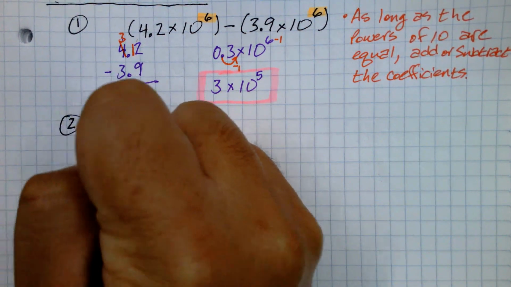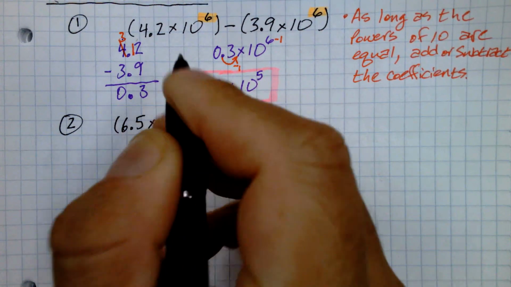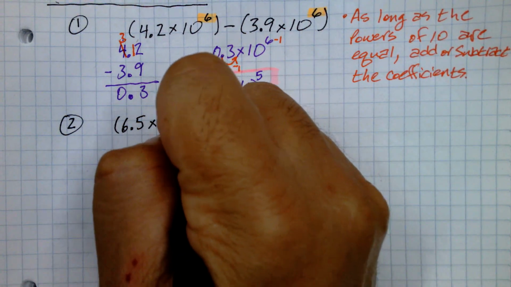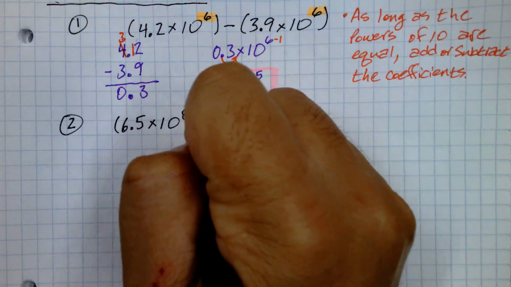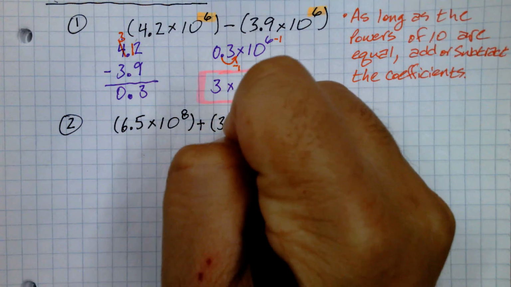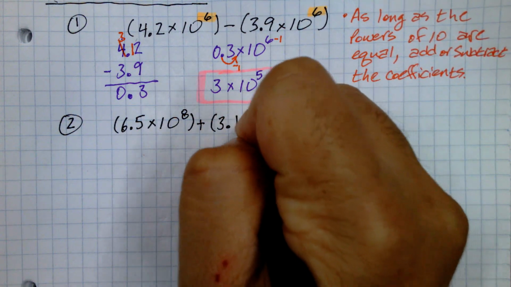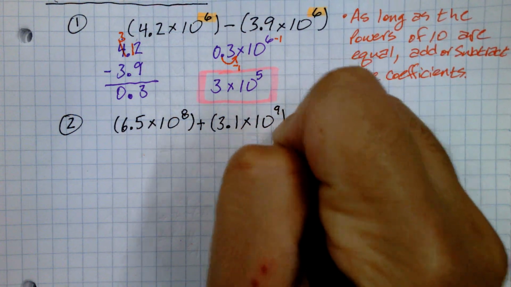We're going to have 6.5 times 10 to the 8th power plus 3.1 times 10 to the 9th power.